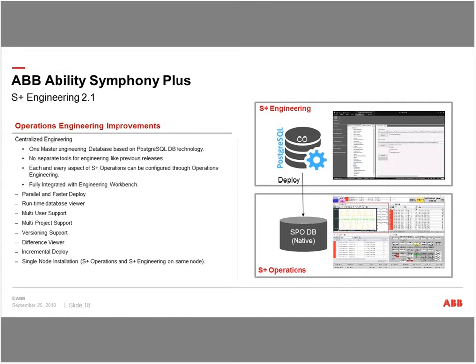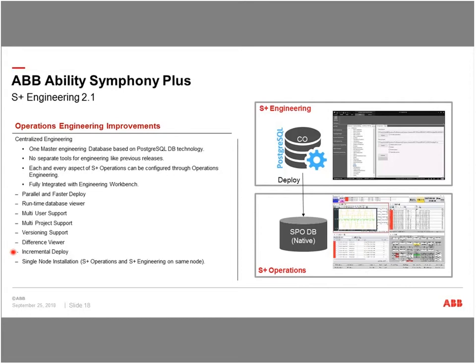There are certain features too, like parallel deploy. You can configure multiple runtime servers and deploy at the same time to different servers, maybe even with different configurations. There's also incremental deploy: I already deployed, then I make some small change to my configuration, and I can choose to deploy just the changed part.